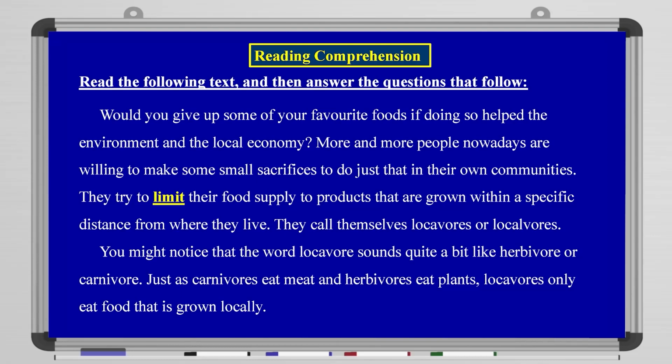They try to limit their food supply to products that are grown within a specific distance from where they live. They call themselves locavores or localvores. You might notice that the word locavore sounds quite a bit like herbivore or carnivore. Just as carnivores eat meat and herbivores eat plants, locavores only eat food that is grown locally.